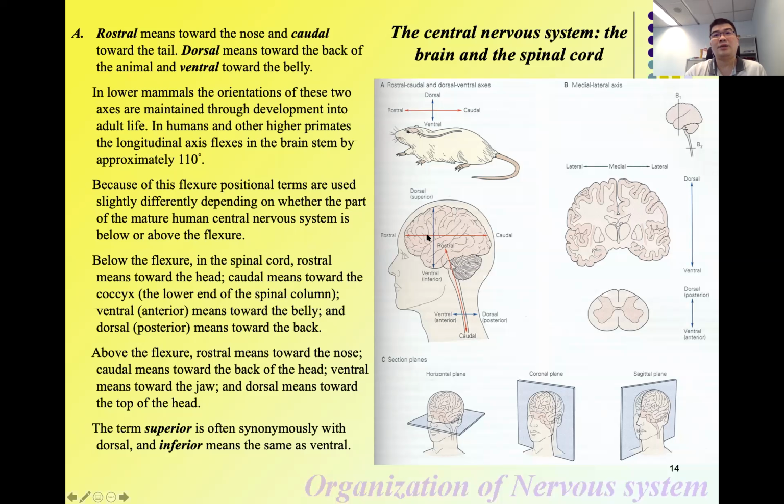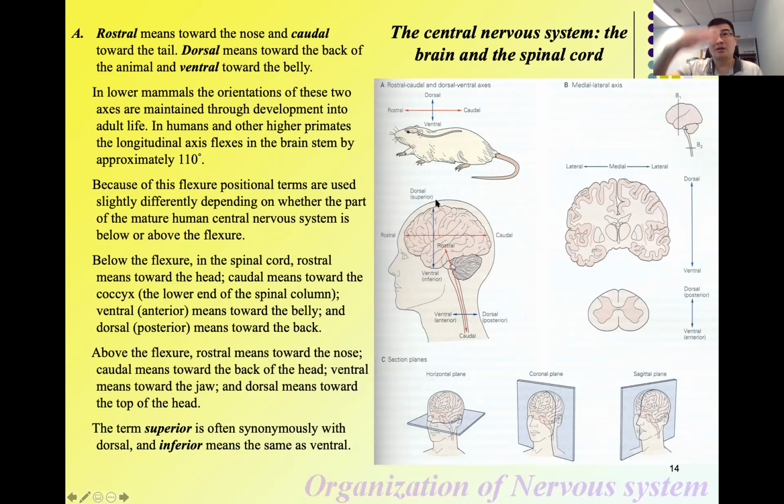Now in humans, it's a little bit different, because our nervous system is not straight like this. Actually, it's bent like this. The head is bent. So how do we talk about it? When we talk about the brain, rostral means here in the front. Caudal in the brain means the back of the brain.